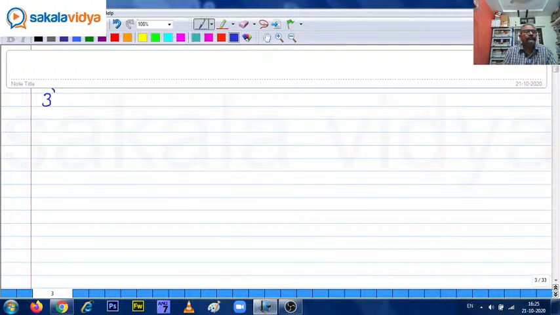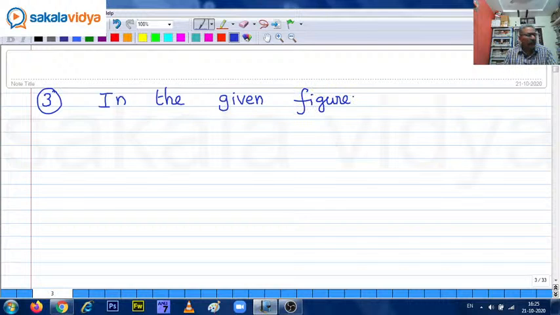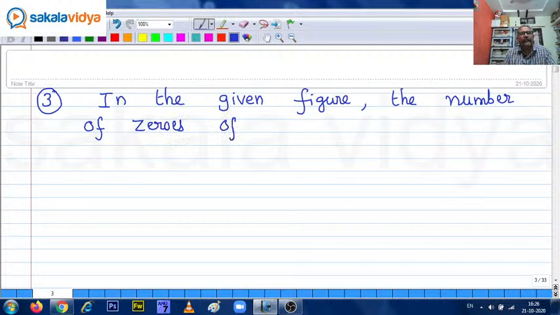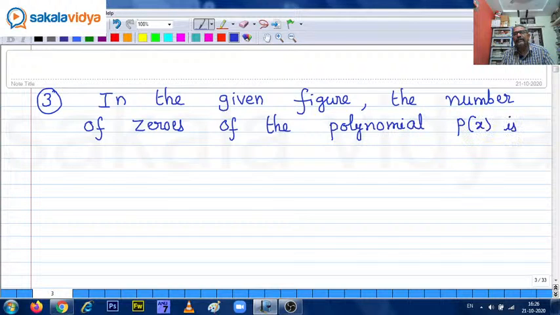Okay, third one. In the given figure, the number of zeros of the polynomial p of x is. This is the figure.